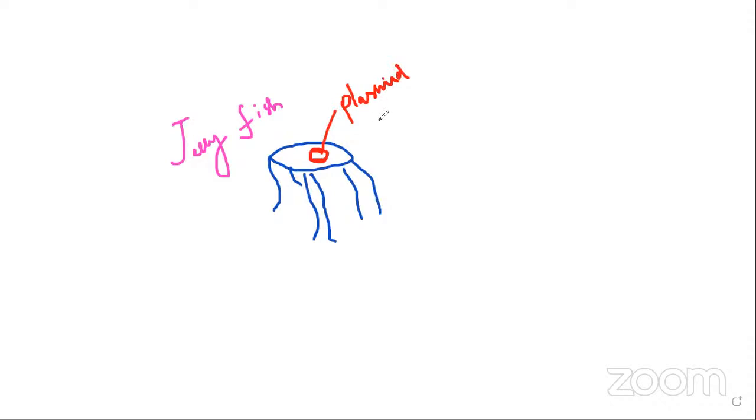A particular gene is responsible for the production of the fluorescent color. Don't forget this part, my dear student.